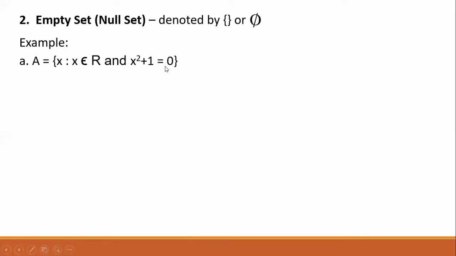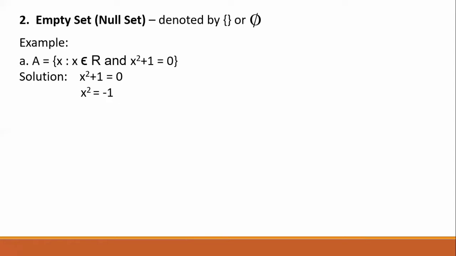First thing to do, let's find the values of x using this given equation. We have x squared plus 1 is equal to 0. Next, add -1 to both sides, or simply transpose positive 1 to the other side of the equation. So x squared is equal to -1.